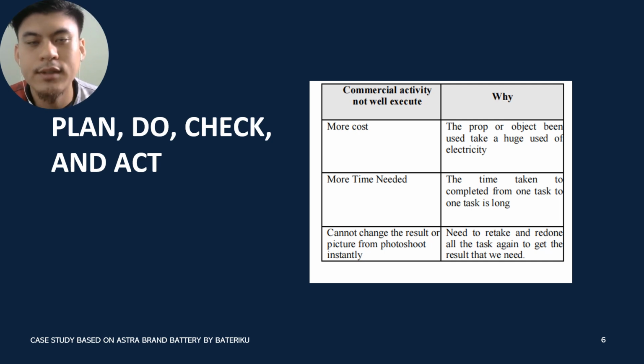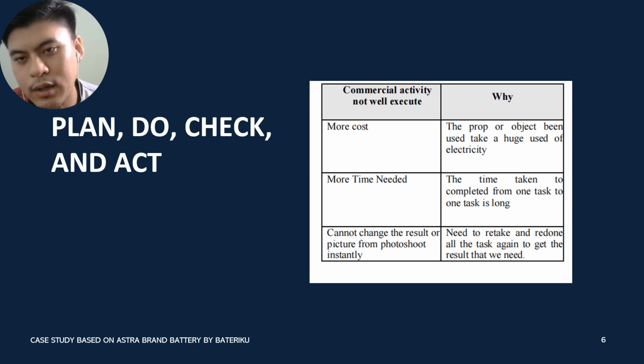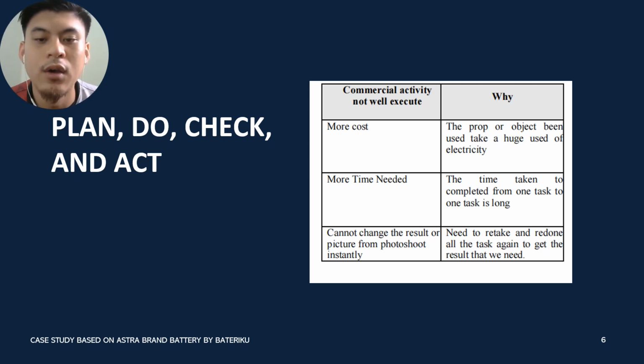Next, this is the plan, do, check and act, or the PDCA. As we see in this table, the first row is the commercial activity not being well executed, and beside this is the why. The first is more cost. Why?